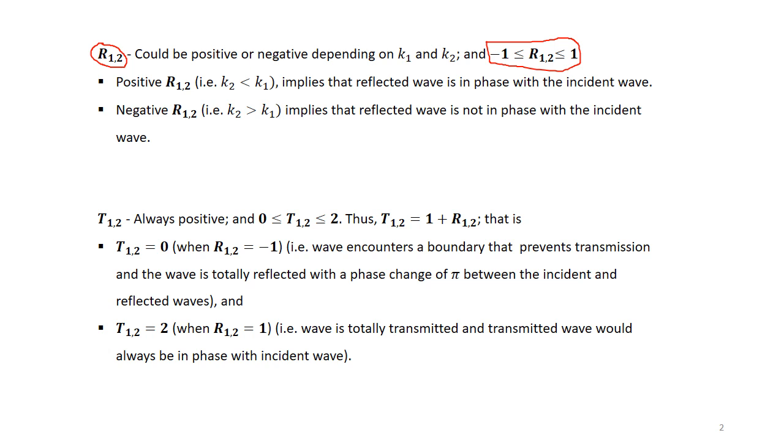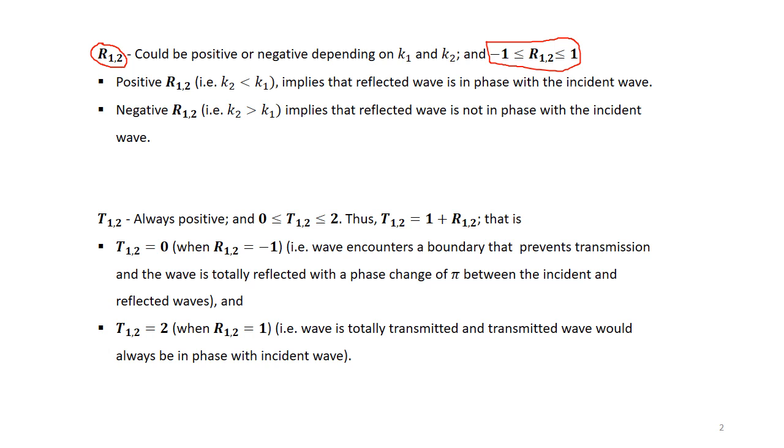So when R1,2, the reflection coefficient, is greater than 0, that is when it is positive, that occurs when the wave number in the second medium is lower than that of the first medium. That is, the wave number K1 in the first medium is higher than that of the second medium, K2. Or otherwise you can say the wave number in the second medium, K2, is less than that of the first medium, K1.